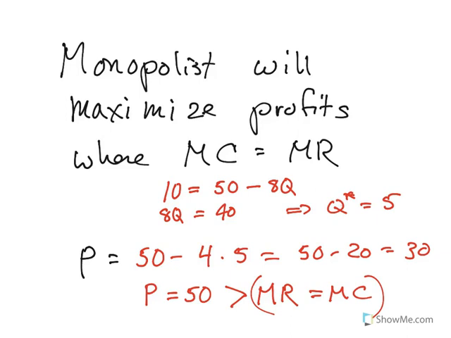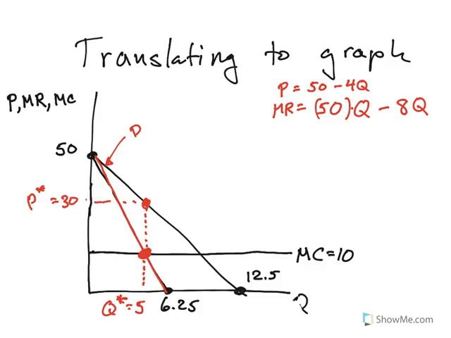So we found Q star, we then plugged that into the demand curve to get 30. That's equivalent to finding this point right here, the blue dot, going up to the demand curve and going over to the vertical axis to get the price.